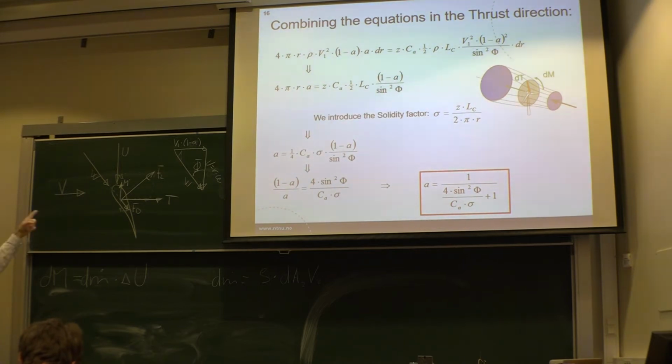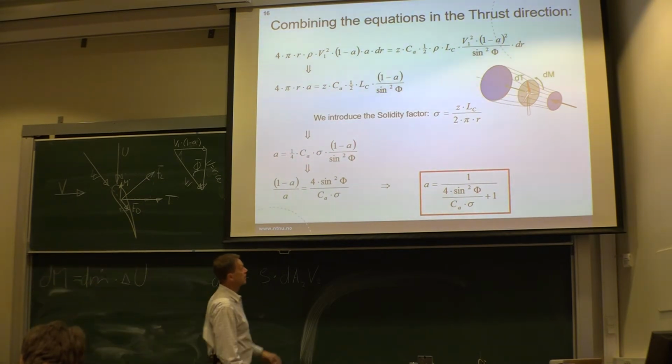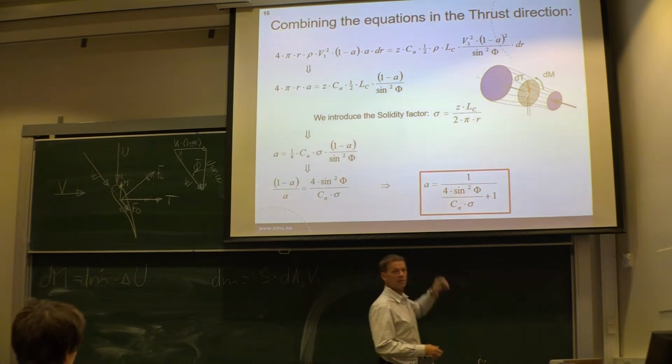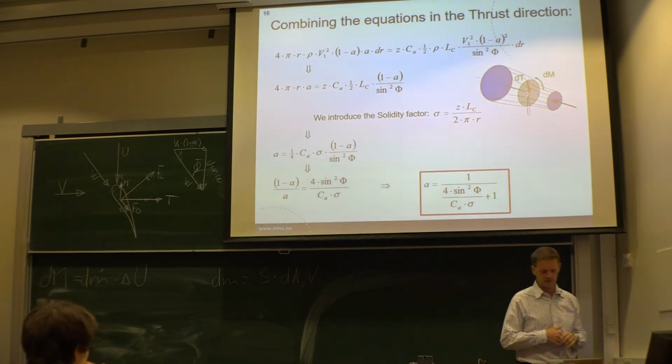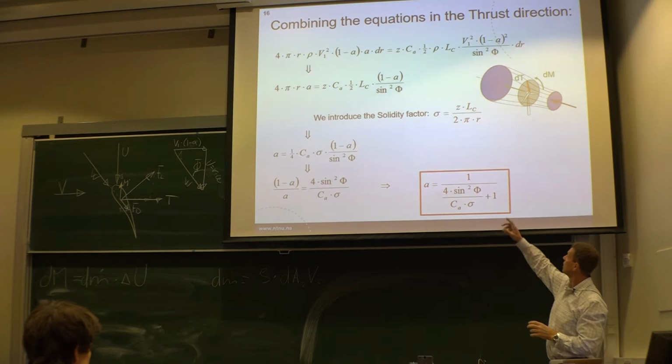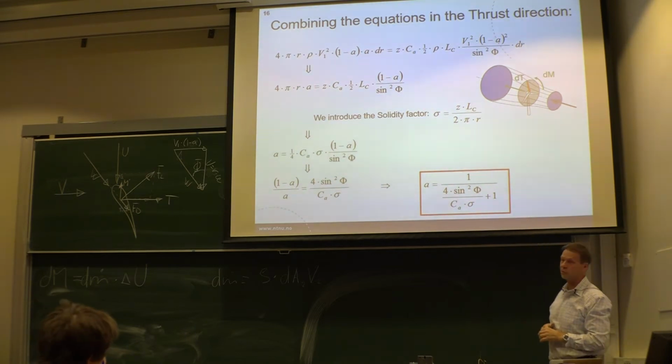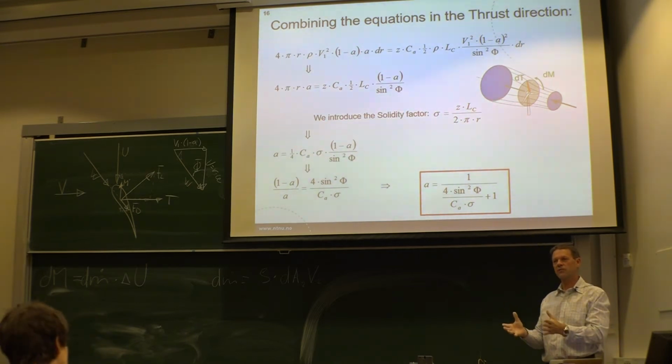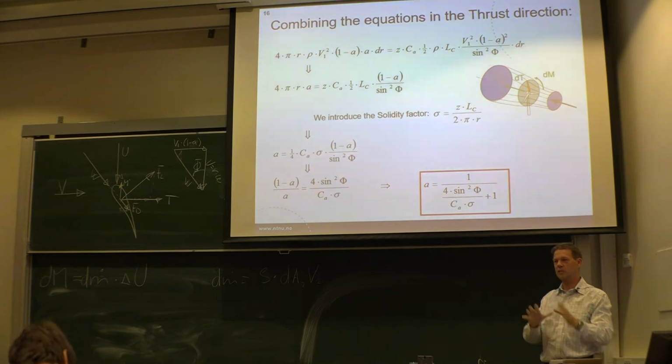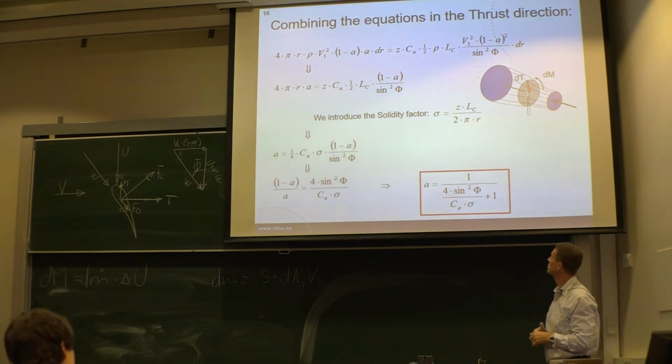So it's simply the momentum equation and the blade element equation put together, extracting the actual induction factor. Again, we introduce solidity. We call it just a factor, but again, we define a factor in order to reduce the equation size.